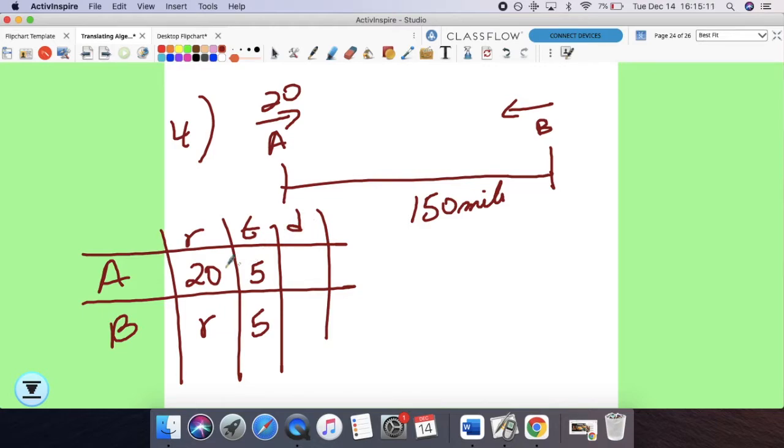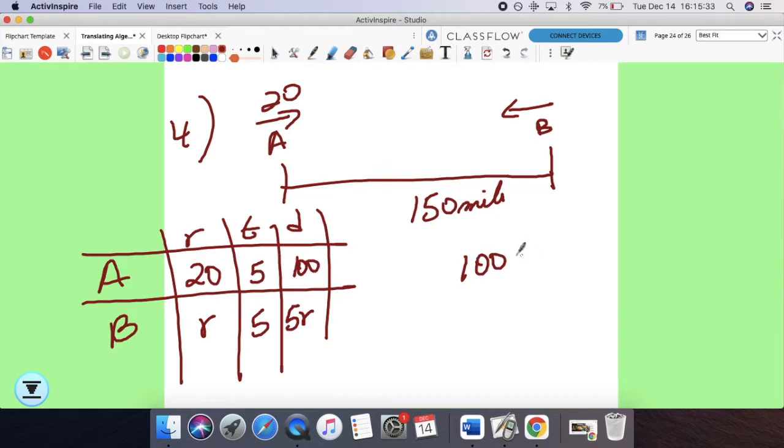Well, the distance of A is 20 times 5, which is 100. The distance for B is R times 5, which is just 5R. What do I know about their distances? The distance covered by train A is 100 miles. That makes sense, right? If you're traveling at 20 miles an hour for 5 hours, you cover 100 miles.